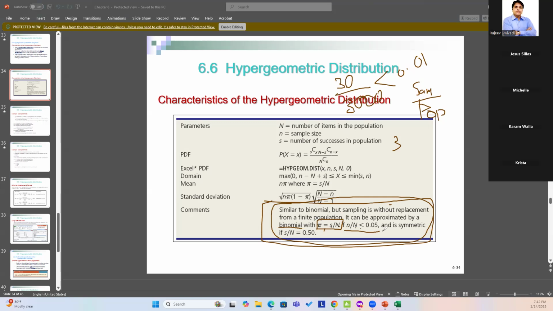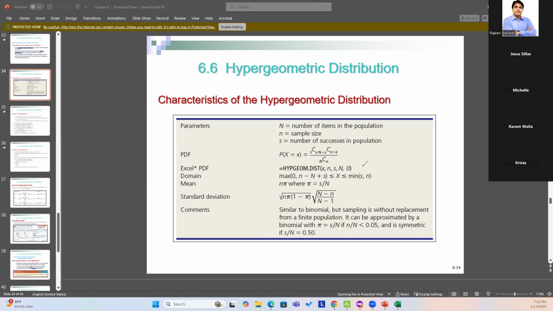And if this is the case, instead of hypergeometric, you can consider the binomial distribution. So this is another distribution.